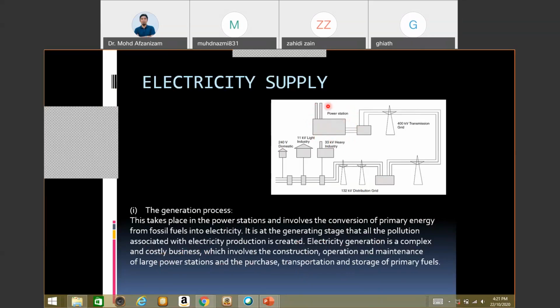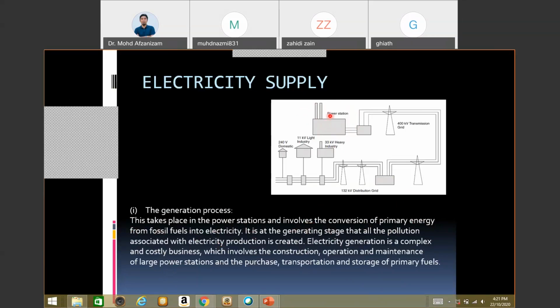Okay, so that's where the idea of the various tariffs comes from, to compensate for the cost of the energy produced. So it's mentioned over here: primary energy from fossil fuel, and the generating stage where all the pollution is associated.